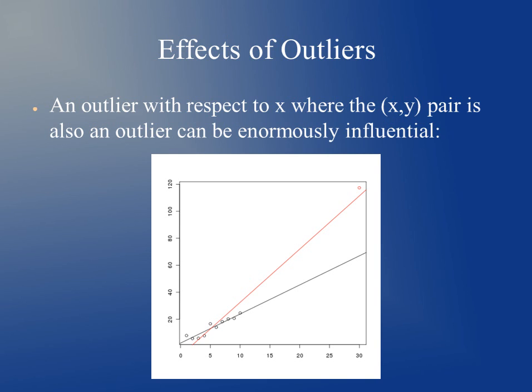And if we have an outlier with respect to x where the outlier is much greater than we would expect, you can see this point here, it can be enormously influential. So the red line, you can see how the relationship between the x's and y's is a lot different than if we would have excluded that data point.